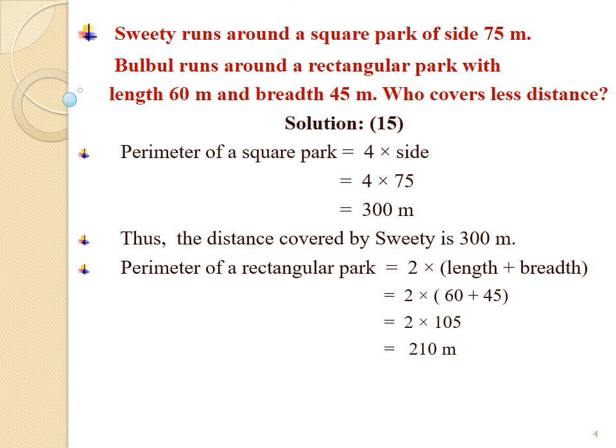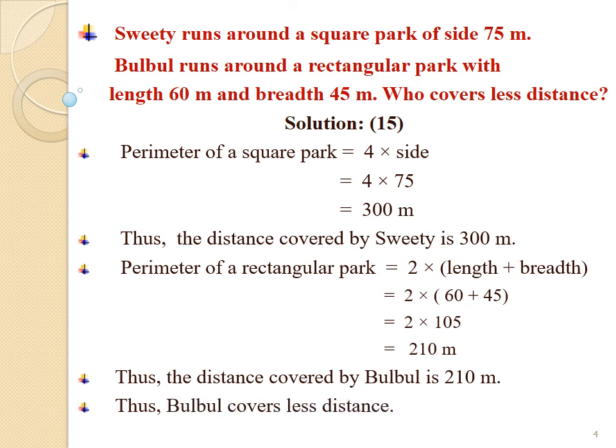Thus, the distance covered by Bulbul is 210 meters. Students, we come to know that Sweetie covers 300 meters, whereas Bulbul covers 210 meters. Since 210 is less than 300 meters, we can say that Bulbul covers less distance than Sweetie by 90 meters.